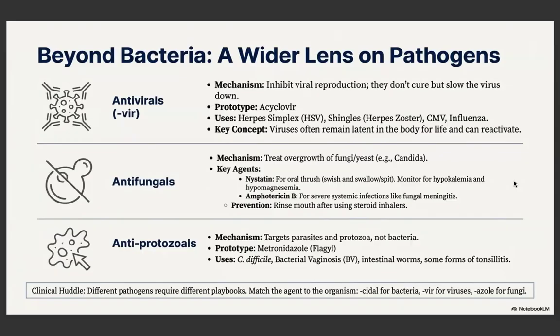If you have active herpes lesions during pregnancy and you decide to have a vaginal delivery, that can be transferred to the baby, and the baby can actually get meningitis. So acyclovir, and the other -vir drugs, those are going to be our antivirals.